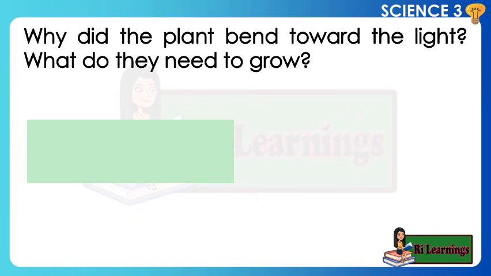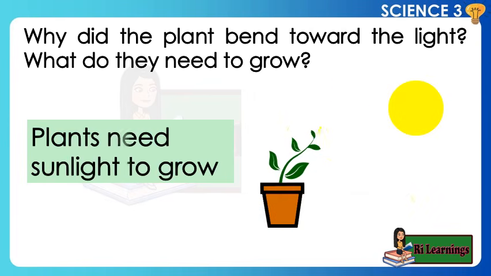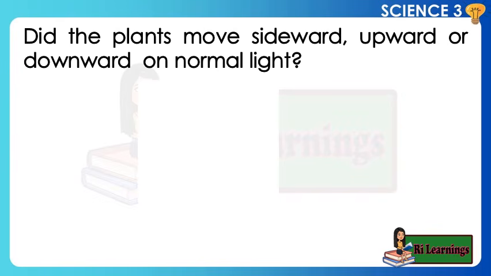Why did the plant bend toward the light? What do they need to grow? Plants need sunlight to grow. Did the plants move sideward, upward, or downward on normal light? They moved upward.